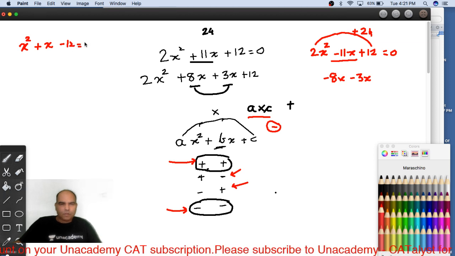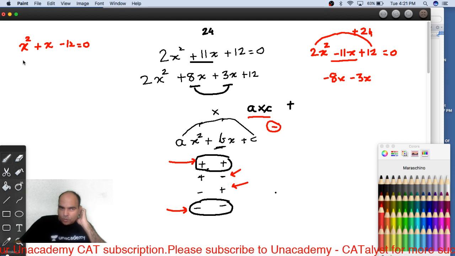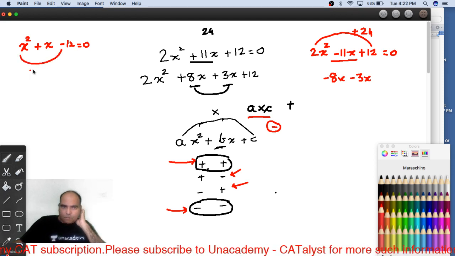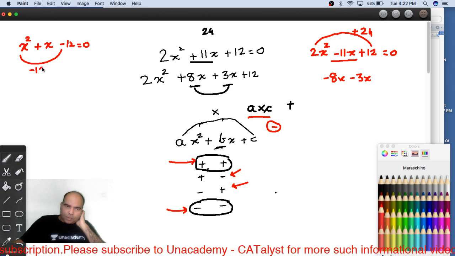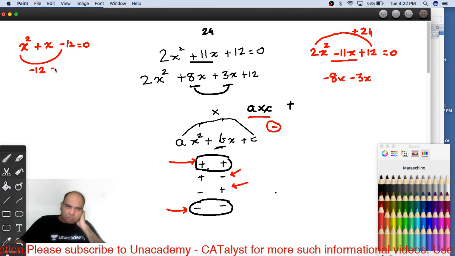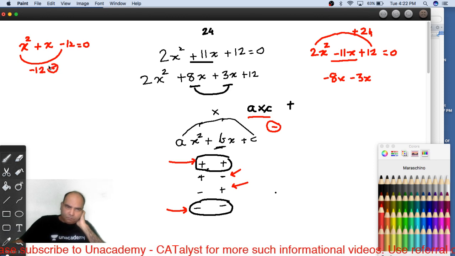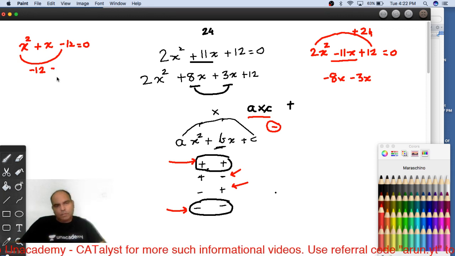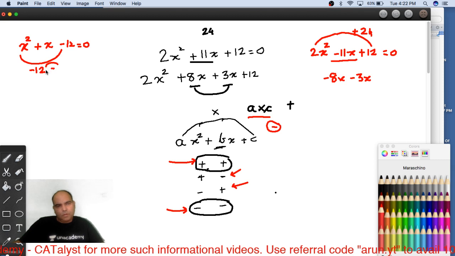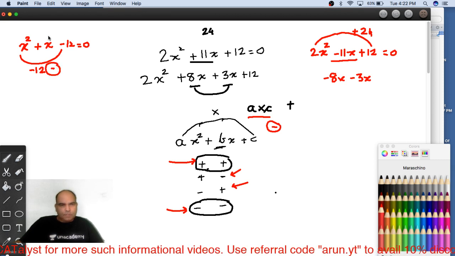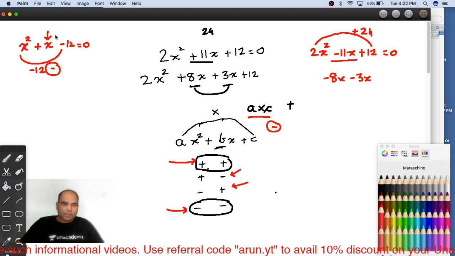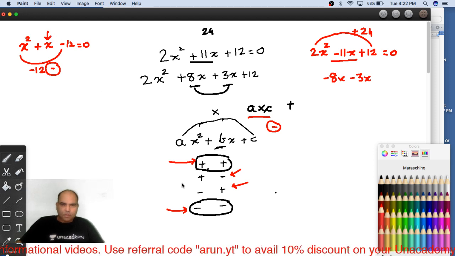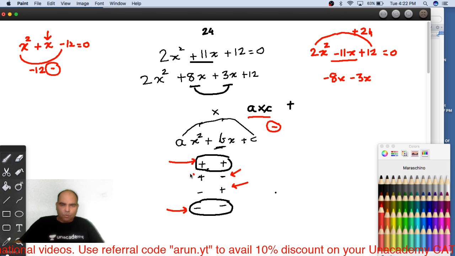If this is your quadratic equation, then you realize that the product of a into c is minus 12. So if the product is negative, you need a split of this middle term in two opposite signs, because you want the product of the parts split to be negative. So in this scenario, you go to a plus minus or a minus plus split.